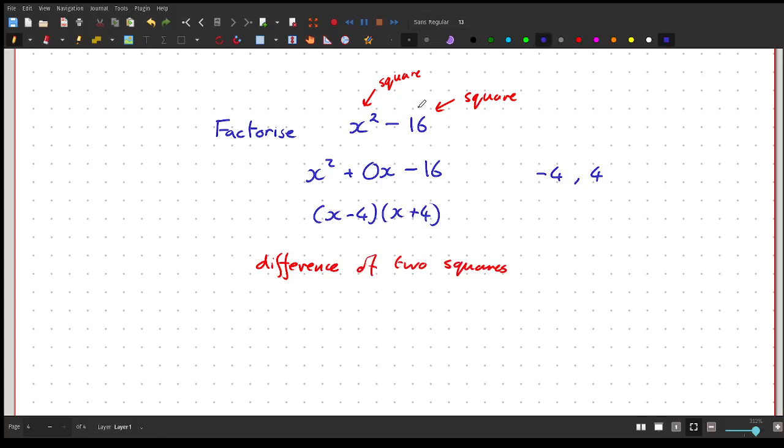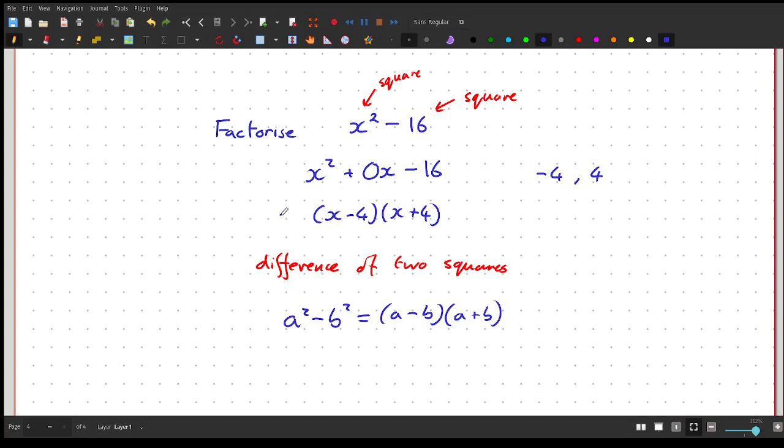And you always just take the square root of each term. So the square root of x squared is x, the square root of 16 is 4. The way we write this is that a squared minus b squared is a minus b times a plus b. So it's a good skill to get good at spotting when this happens.